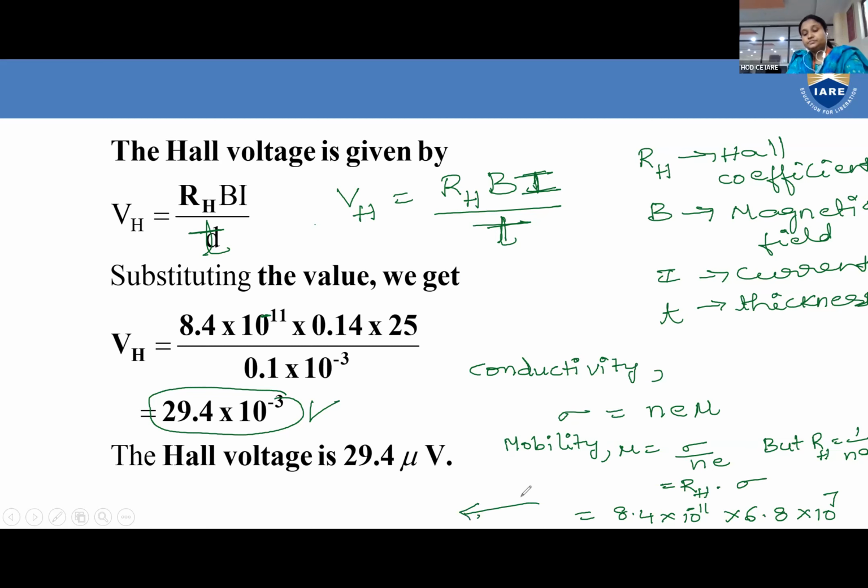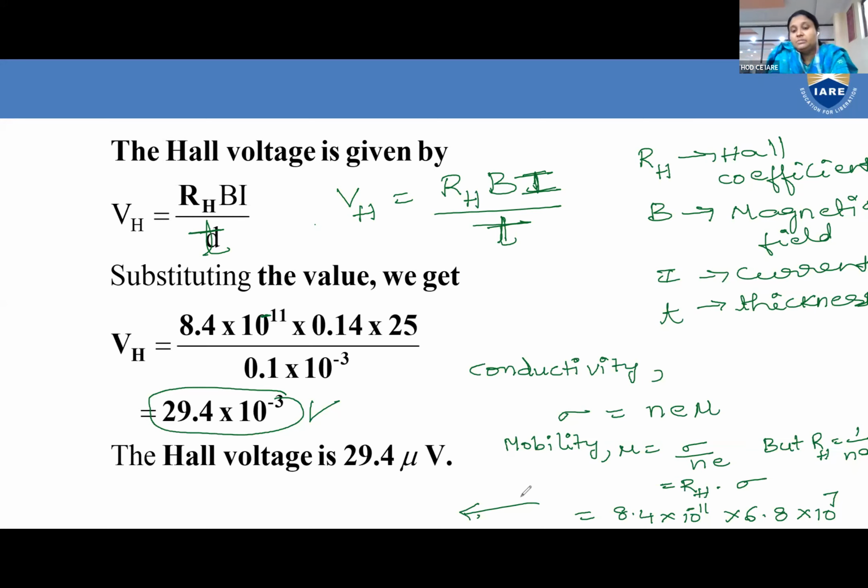Yes, students. Are you able to understand this problem? Any doubts? Can anyone tell me the value of mobility, students?